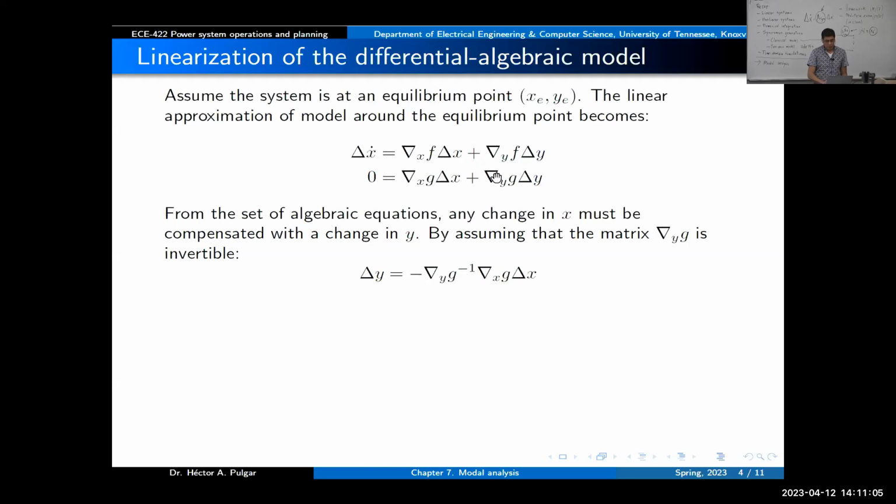So if we multiply this equation by the inverse of this matrix, this is going to be multiplied by the gradient of g with respect to y inverse, multiplied by this, plus delta y. So we can isolate delta y, and we get this expression. So this will be possible when this matrix has an inverse.